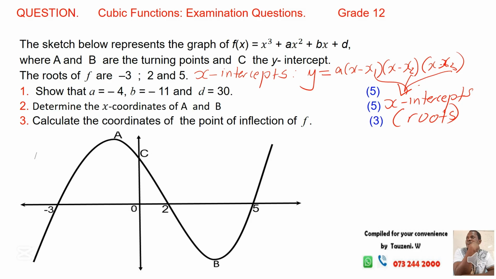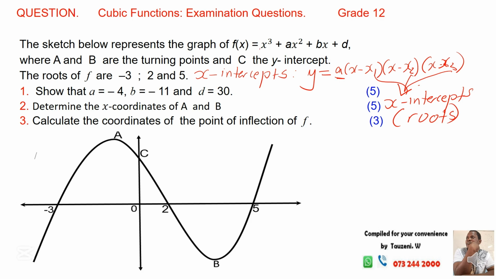Then the value of a is found by substituting coordinates, any coordinates that may be given on the graph. In this case, we're not going to need this a because the equation is already given.